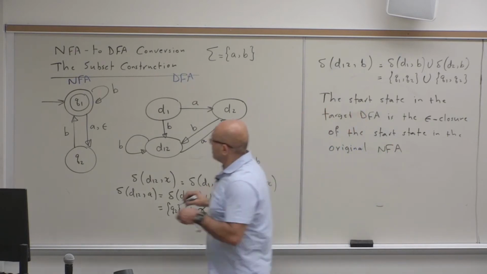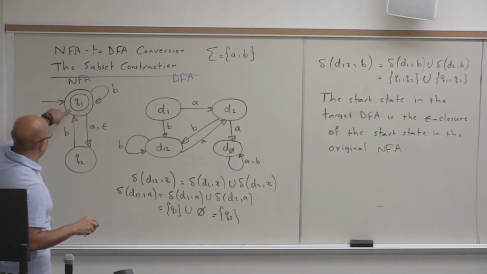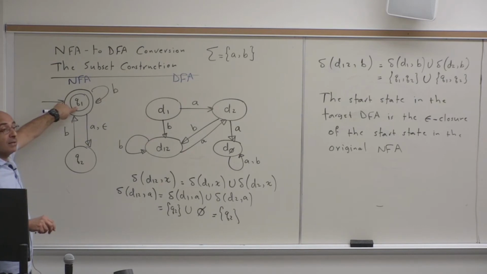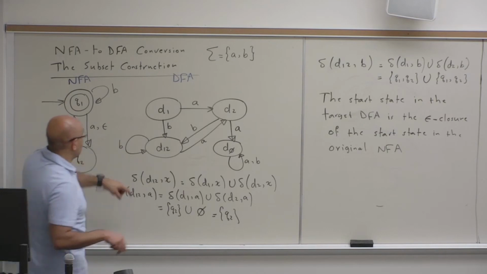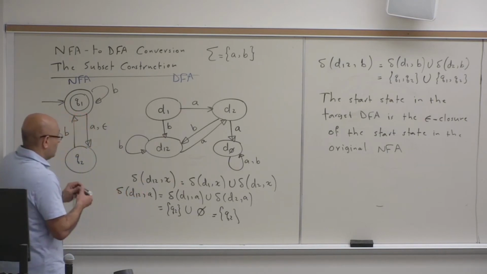And in this case, it's going to be the epsilon closure of Q1. And what's the epsilon closure of Q1? Yeah, D12, Q1, Q2, which is D12. So this is indeed our start state.